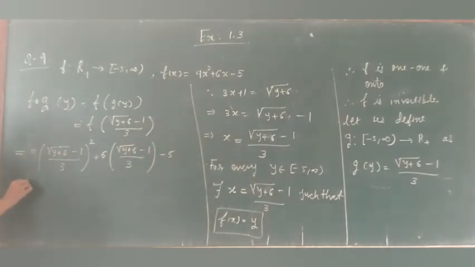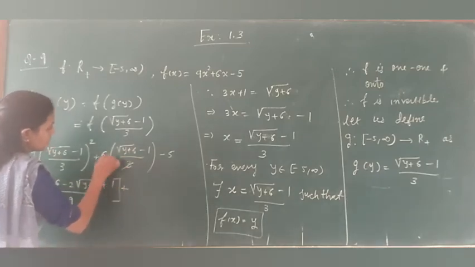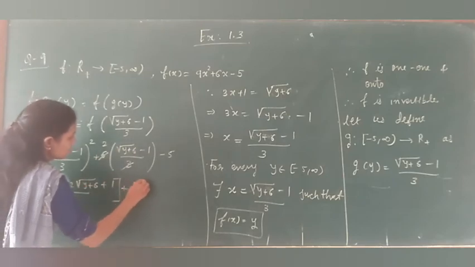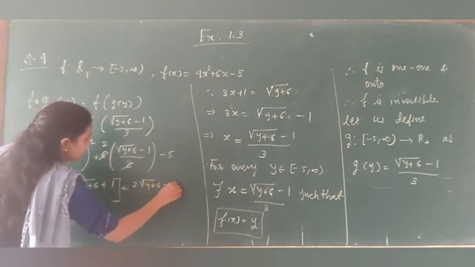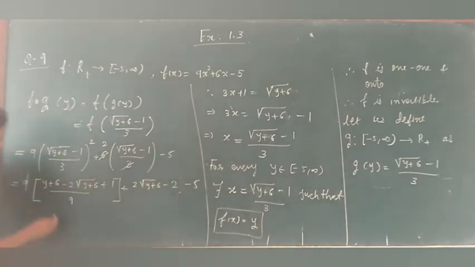So now let me solve further. So 9 times, this is x minus y, so x square minus y square, just expand it. This is y plus 6 minus 2 under root y plus 6 plus 1 upon 9, plus 3 2s are 6, so 2 under root y plus 6 minus 2, minus 5. Now 9 and 9 cut. So here y plus 6 minus 6 and 1 is 7.